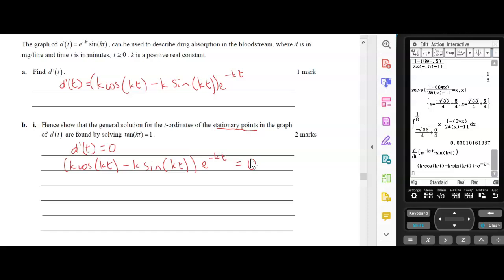When we've got two numbers multiplied by each other and it's equal to 0, that means a can be 0 because anything multiplied by 0 is 0, or b can equal 0.